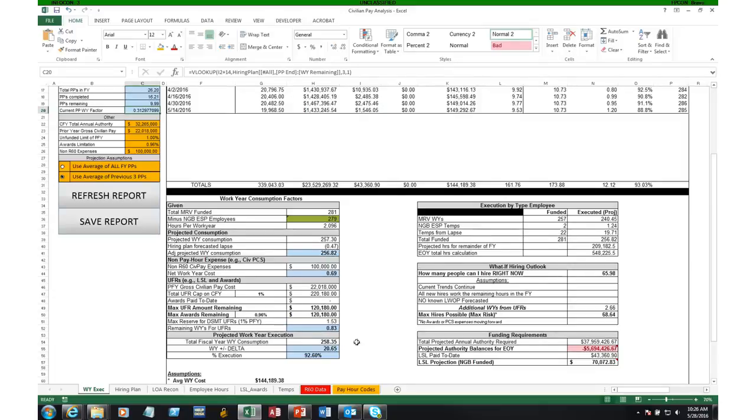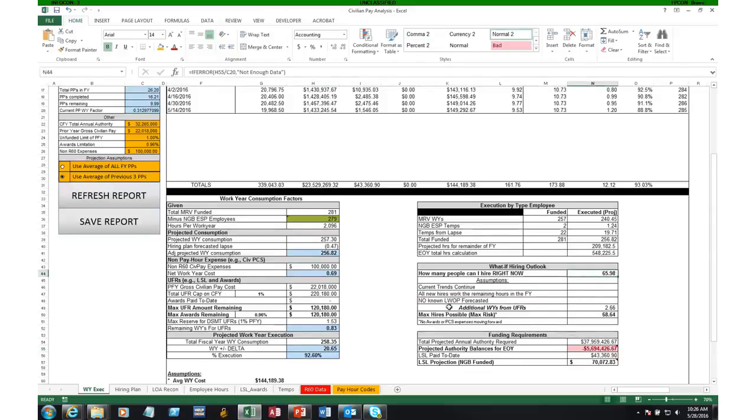So what we're doing here is taking this projected work year delta, in this case it's 20.65 work years not executed, dividing it by this factor, and in fact, if all else holds true, as in my assumptions, if I take the 20.65 divided by the 0.312, then that's what gives me this number right here.